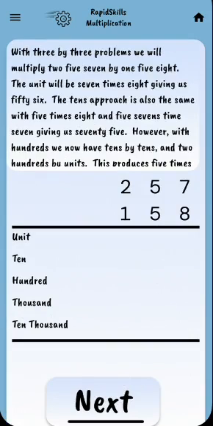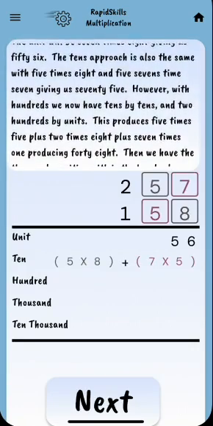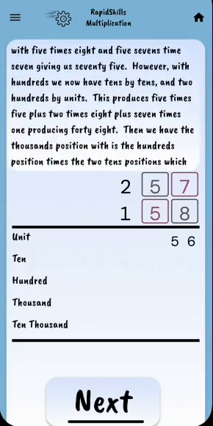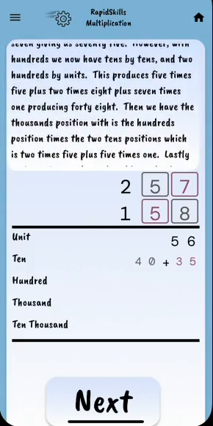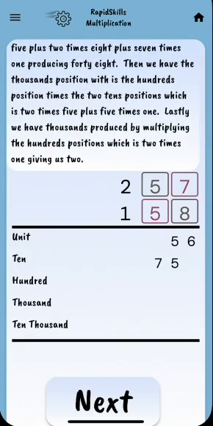With 3 by 3 problems, we will multiply 257 by 158. The units will be 7 times 8, giving us 56. The tens approach is also the same, with 5 times 8 and 5 times 7, giving us 75. However, with hundreds, we now have tens by tens and 200s by units.